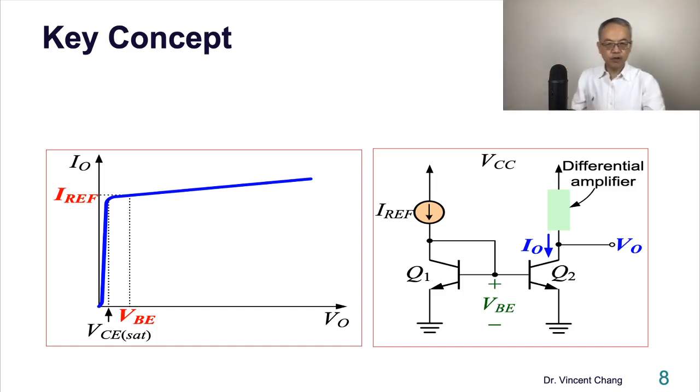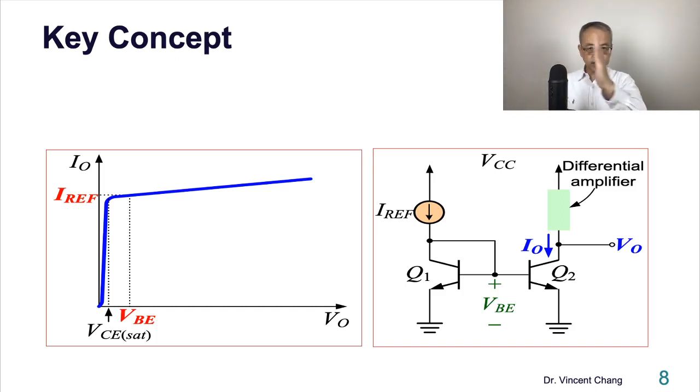You got it? For the same output voltage, if the responding AC current varies like this, that means you have a large delta IO, put this on your note. And a large delta IO means your output resistance is what? It's small. That's bad. That's poor.